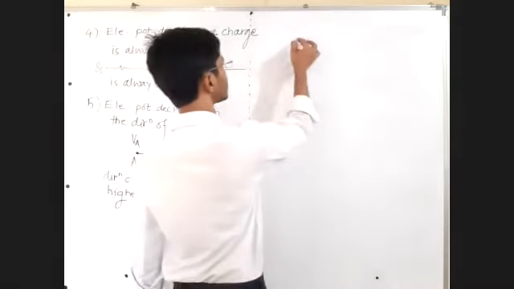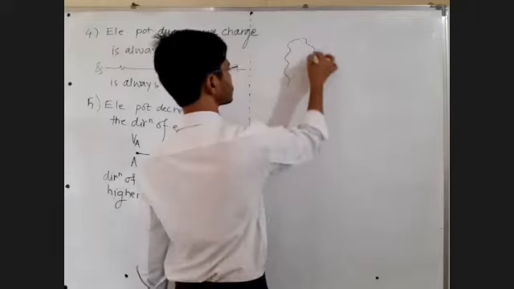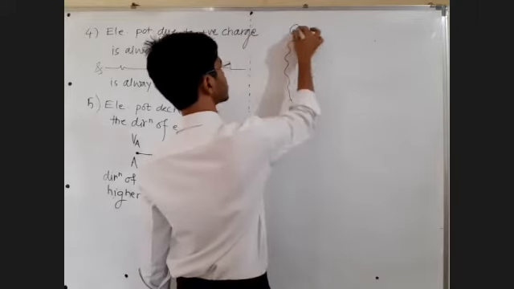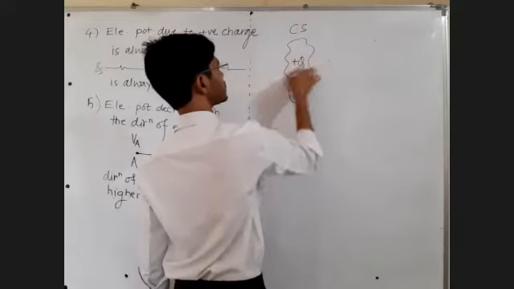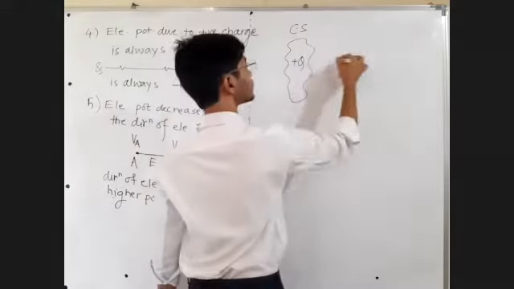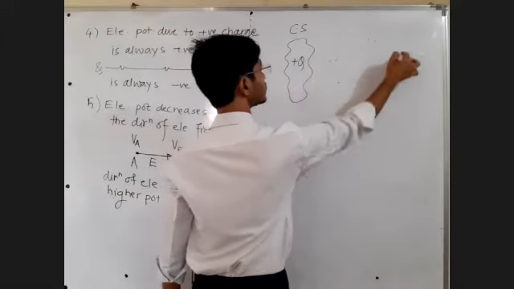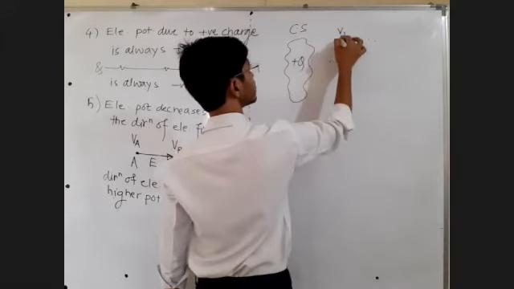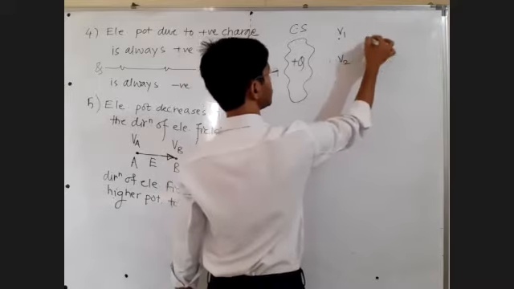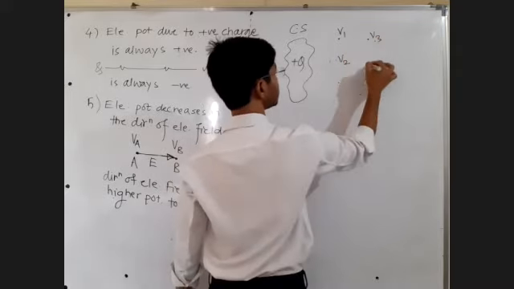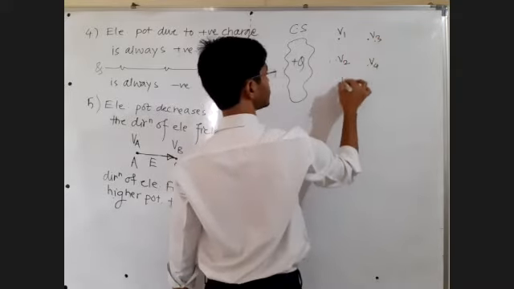Fine. So if you have a charged system like this, let's say it is a positively charged system, then at any point, let's say here the potential is V1, here V2, here V3. These are scalar values, but they can be positive, negative, or zero.